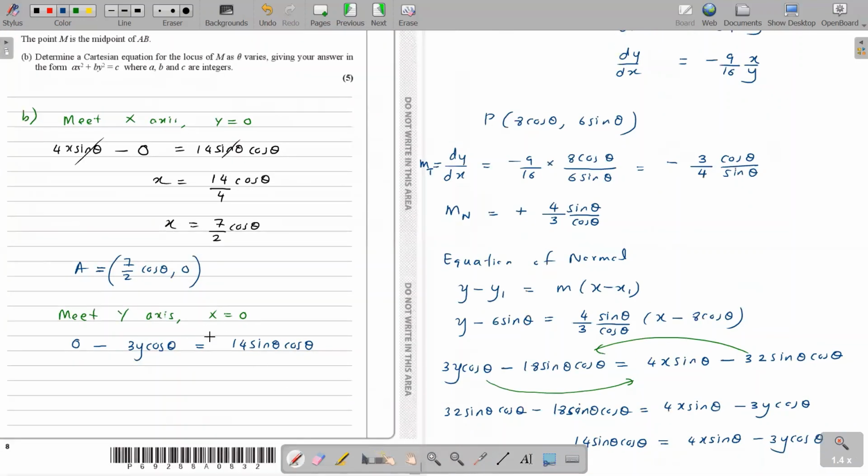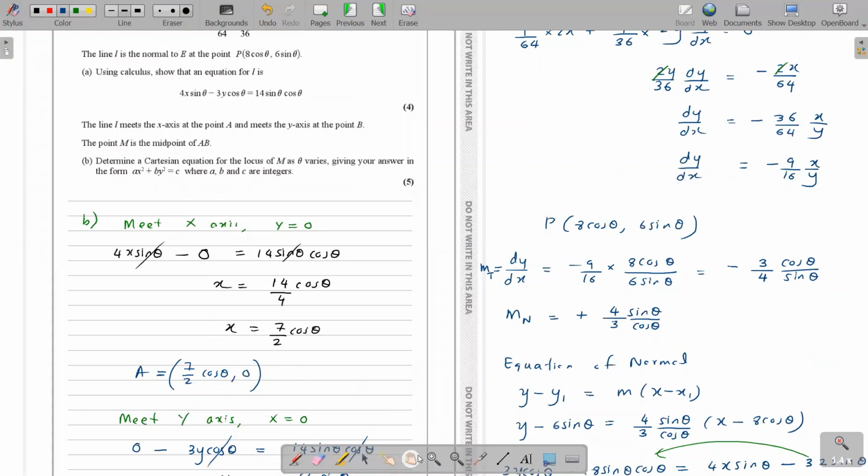So this gives me y equals, cos theta cancels, minus 14 over 3 sine theta, which gives the coordinate of B where you cut the y-axis: x is 0, y is minus 14 over 3 sine theta. Is this clear? And then what do they say?